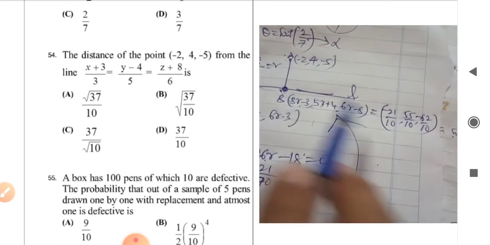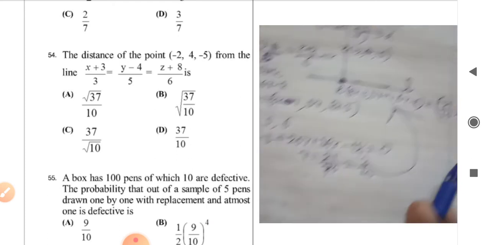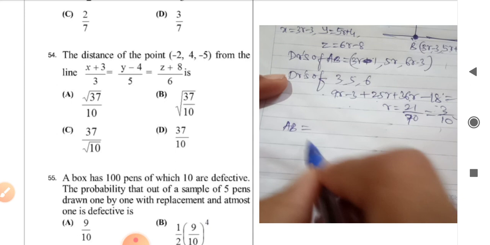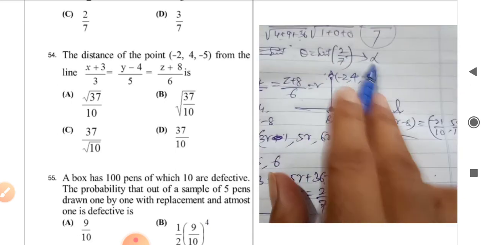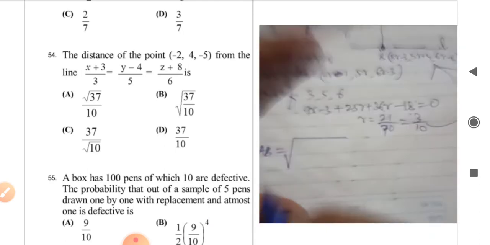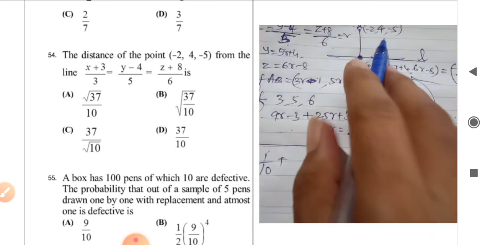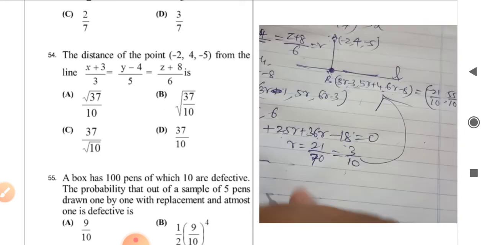Yes. So now that I have this point, simply find the distance between these 2 points using the distance formula. What is that? Distance AB is equal to the square root of the difference between this minus 2 and this one. So what do you get? Simply 1 by 10 plus minus 4, and this one is 40 minus 55, you get 15.